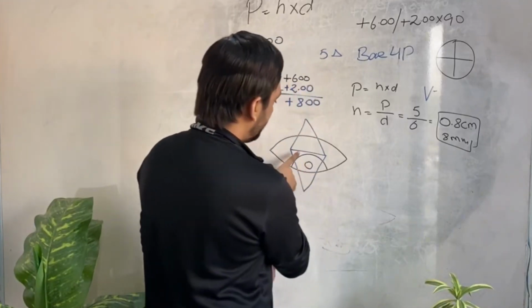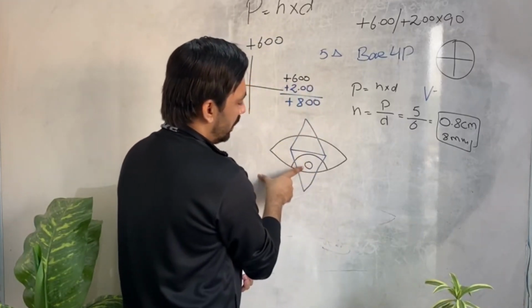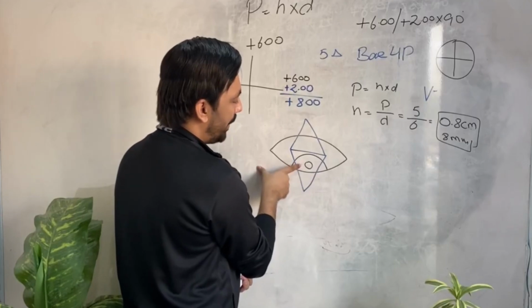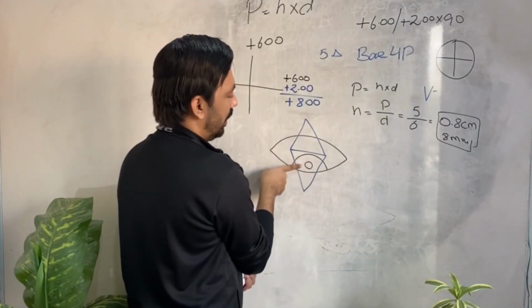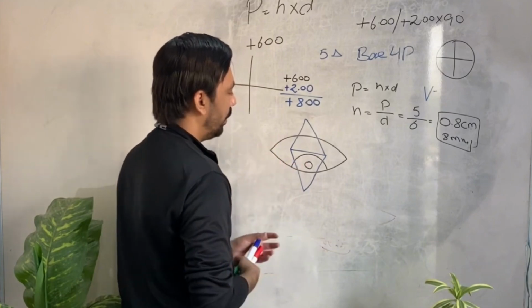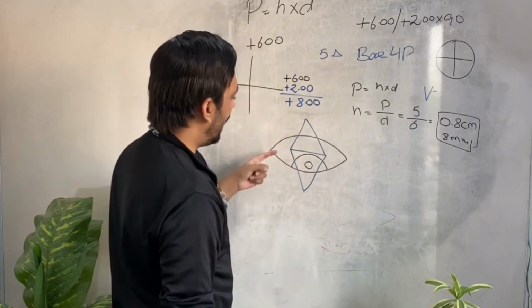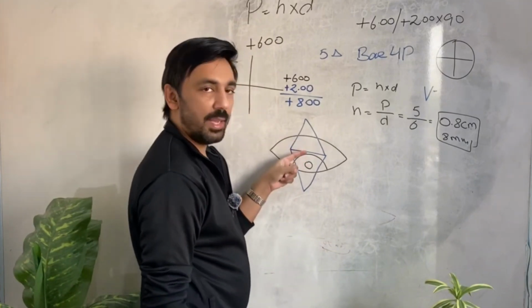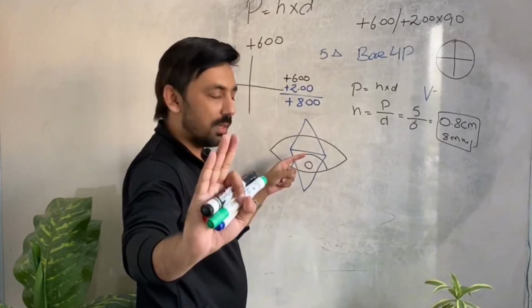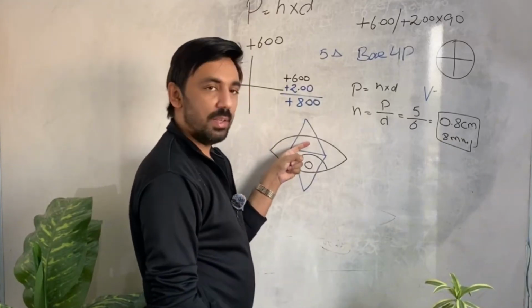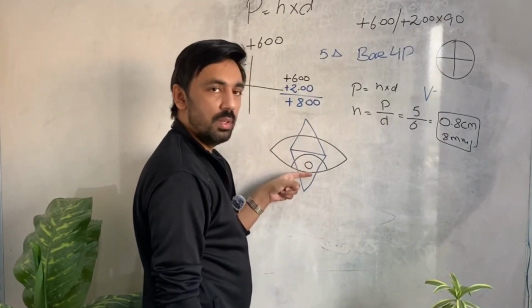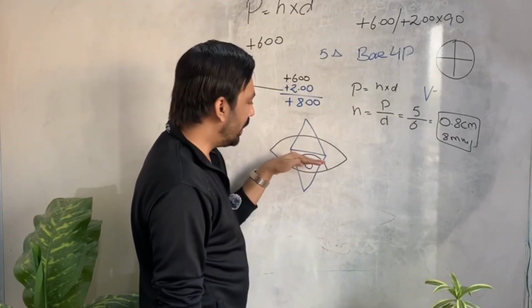You see, the deviation is downward, so the apex should be towards the deviation. Apex should be in front of the deviation, right? So for that sake, what do you think? You know very well that if the lens is spherical, I have given you the concept that if the deviation is downward, then I will move the lens in the opposite direction.